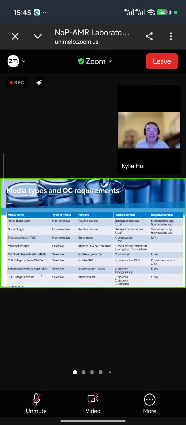You can still culture things on them, but the characteristics start to not show anymore. For example, with the Candida, when I was telling you that the different Candida species will give you different colors, over time they will lose all those properties in the media. So chromogenic agars will be a lot less, but it's really important for the labs themselves to identify this. One of the labs we worked with in the past tried the Chrome Agar Supercarba.